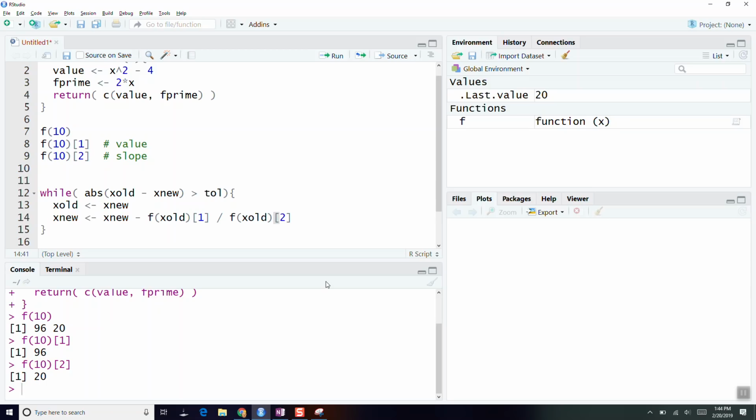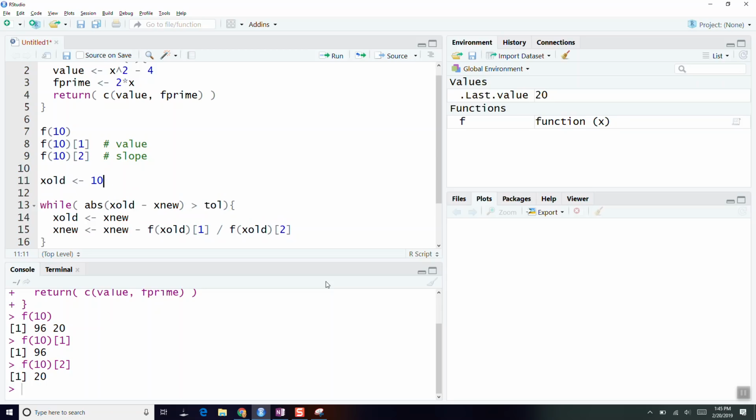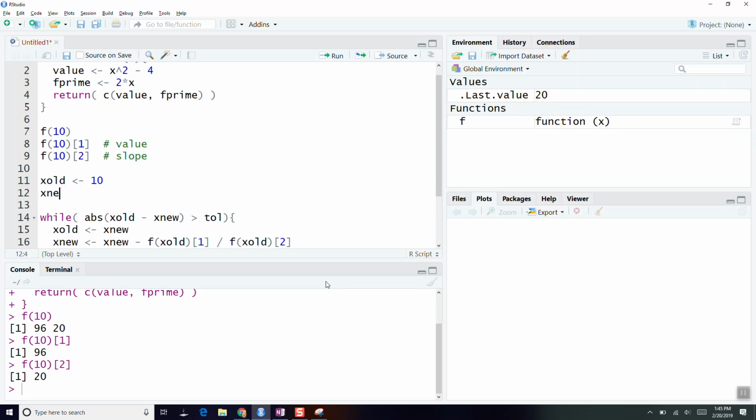And that's it. That's the entire algorithm. Okay. Now I have to initialize these things. So I'm going to say x old is, I don't know, I guess we'll start off at 10, and then x new will then be.